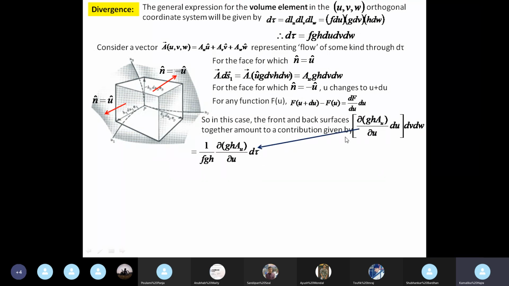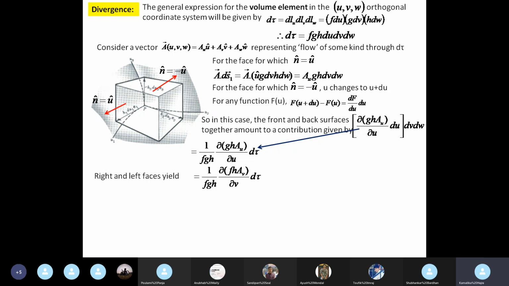So this I can write as, since we have du dv dw, see from this expression, du dv dw is 1 by fgh into d tau. So we have used that and we have written this as 1 by fgh del u of g h A_u into d tau.